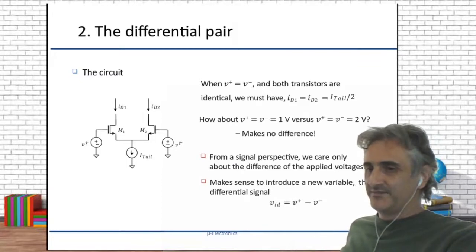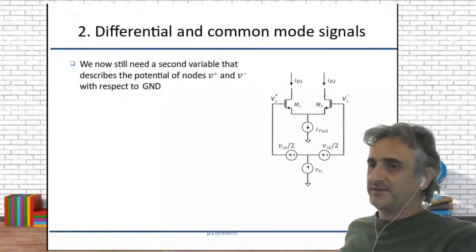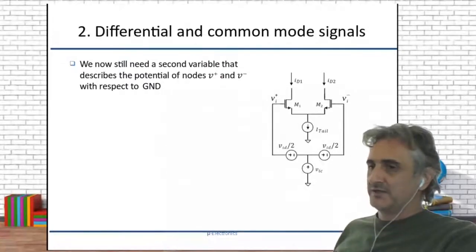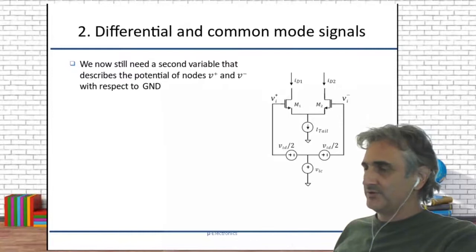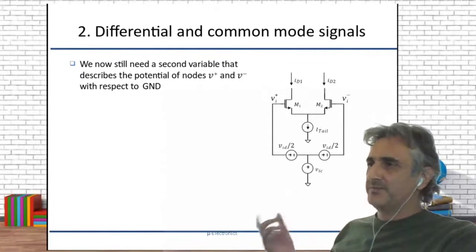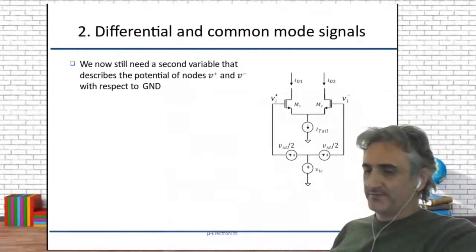In the real case, it is important. Because in the actual case, we still need a second variable that describes the actual value of the voltage with respect to ground, because otherwise there is something missing. In fact, we are making a change of variables from V plus and V minus to two other different variables.